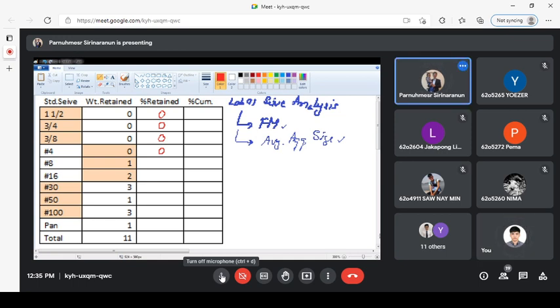Four, four, five. It is 9.09. After the zero, what is this? After zero, it should be 1.